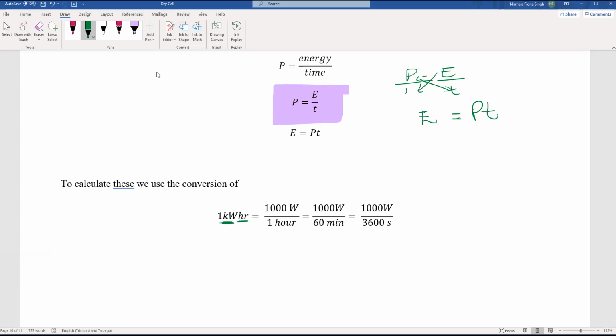Or sometimes we're going to look at how much electricity we use in minutes. We convert the hours to minutes, so we get 1,000 watts in 60 minutes. Or if you want to look at how much energy something is providing every second, which is what we do in physics, we tend to look at time in seconds. So when we're doing our questions, we're going to get them in seconds. So you're going to have 1,000 watts, and 60 minutes is equal to 3,600 seconds.